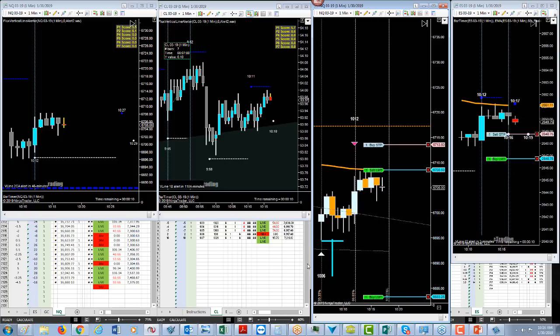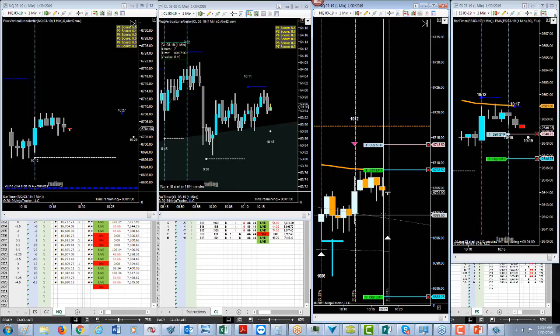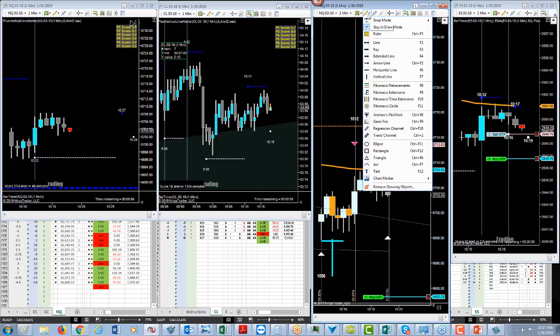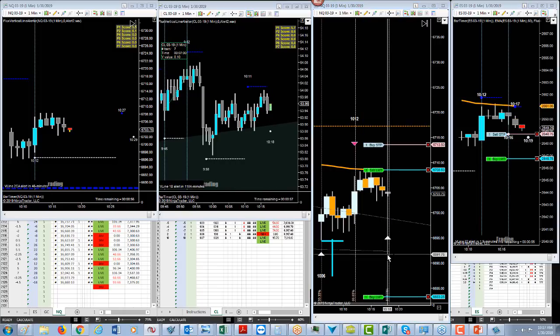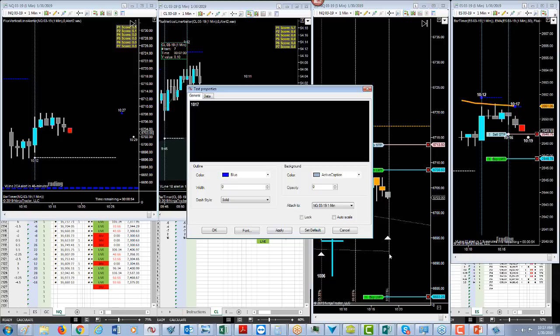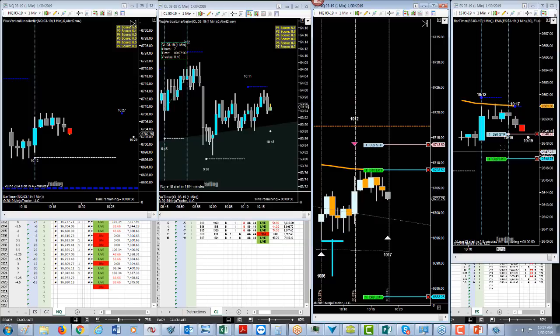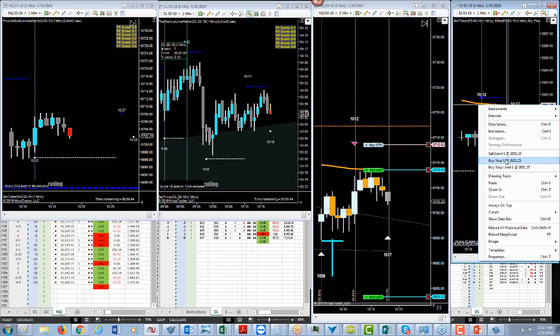Okay, so over here, we're coming up, Ken, on the second order split. It's going to be on the next bar, which will be the 1017 bar. And over here, we are short with a stop above the blue dot.